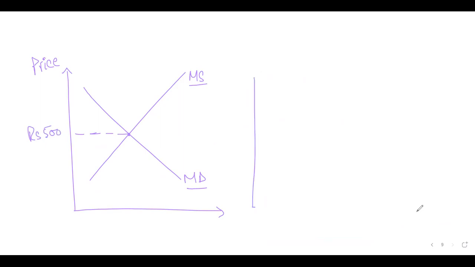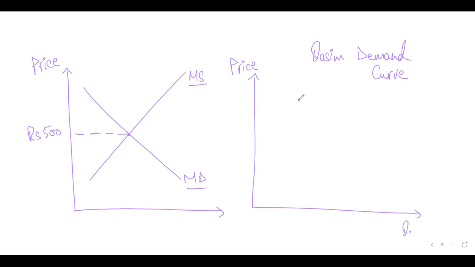Then corresponding to that is my own demand curve for coffee. Let's put it down like this: Qasim's demand curve for coffee, right? Now, what will that show? Even though it says prices on the y-axis, what it's actually showing is this person's willingness to pay.